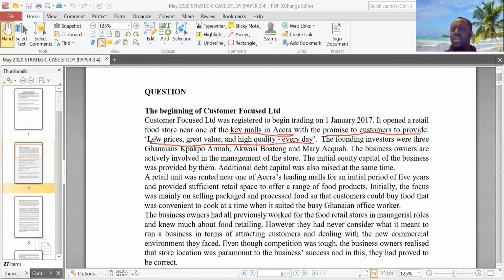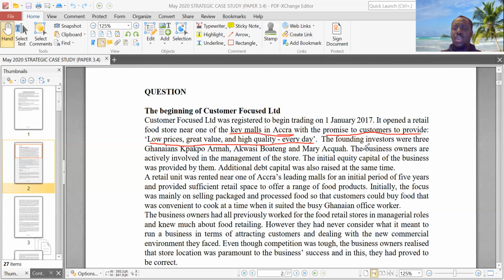So there are three Ghanaians who have come together. Yes, they are all Ghanaians, so they understand the culture. But sometimes too, if you have diversity from different countries coming together as one, it also promotes diversity of thought. What I would like to know more here is basically the experience levels of these people.